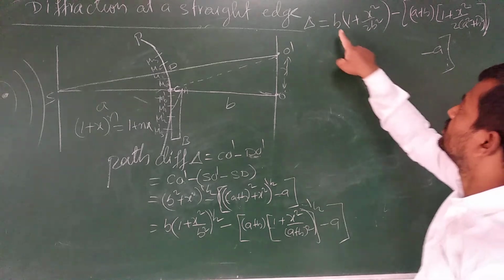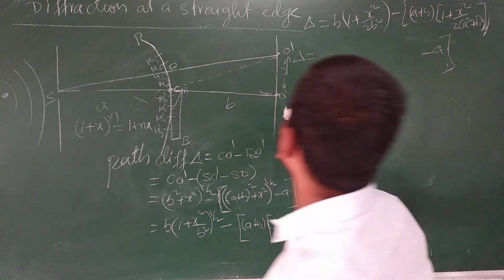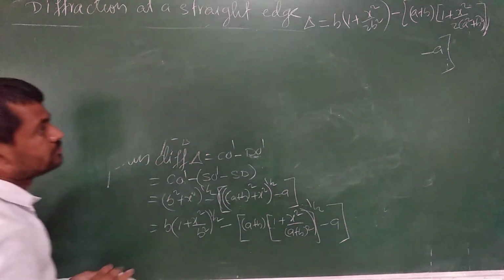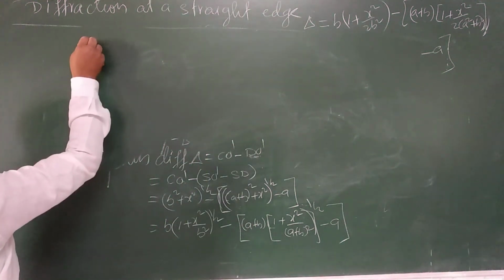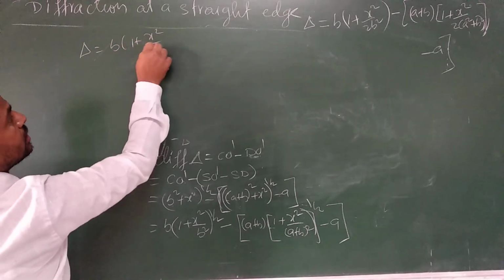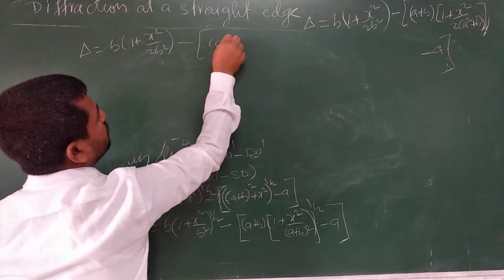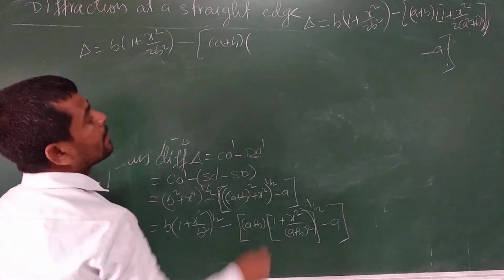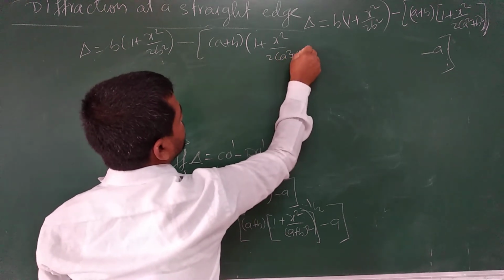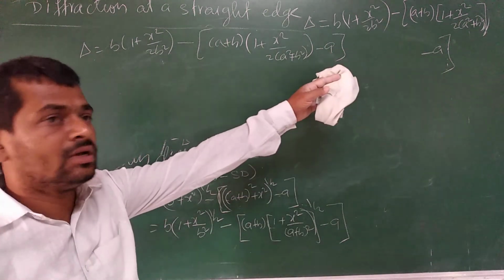Now multiply this b value. So delta is equals b into 1 plus x square by 2b square close, minus big bracket a plus b, 1 plus x square by 2 a plus b whole square close the bracket, minus a. That is what is actually there.